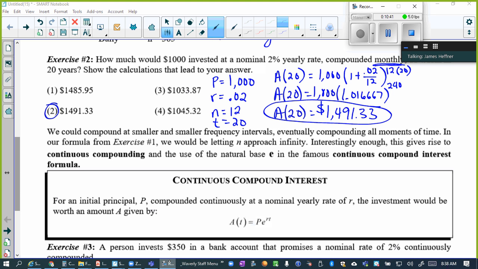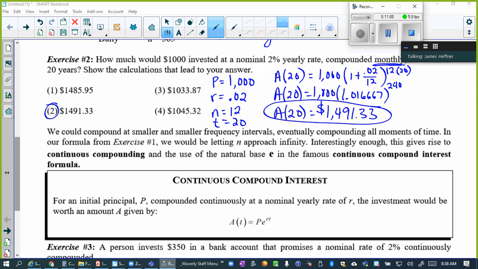It'll be 365 times 24, whatever that is. What if you compound it every minute? 365 times 24 times 60. Wouldn't it get to be a really huge number to divide by, right? What if we compound it every second? Be 365 times 24 times 60 times 60 again.